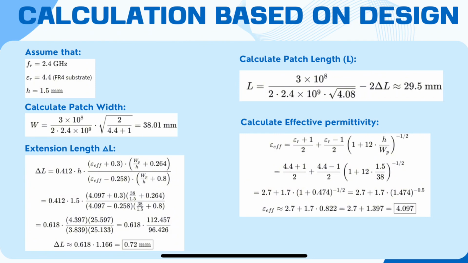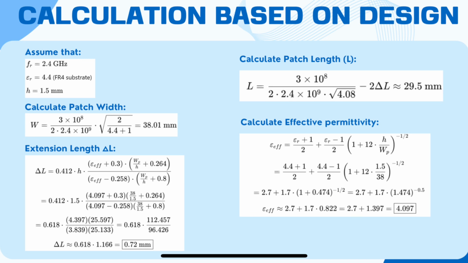To design a microstrip patch antenna operating at 2.4 GHz, we start by assuming the dielectric constant is 4.4 for an FR4 substrate and the substrate height is 1.5 mm. First, we calculate the patch width using the given formula, which results in approximately 38.01 mm. Next, we calculate the effective permittivity to account for fringing effects, and it comes out to be around 4.097.